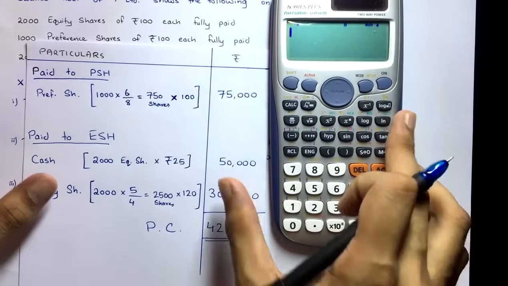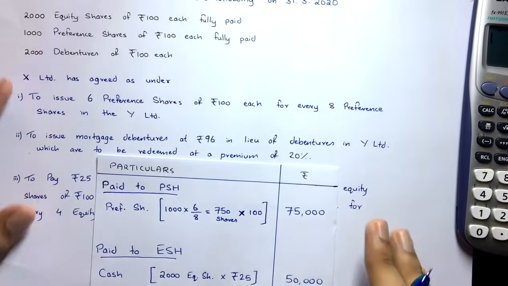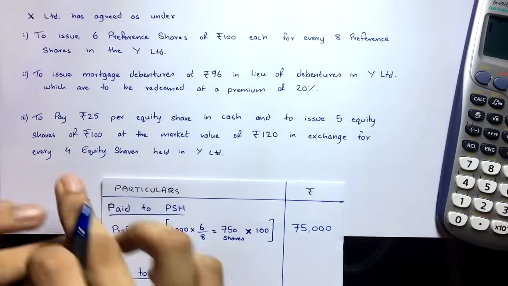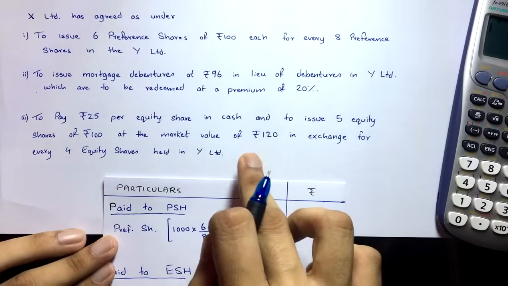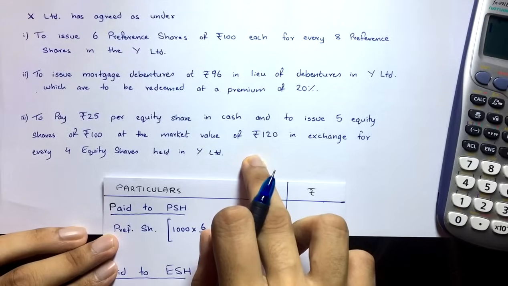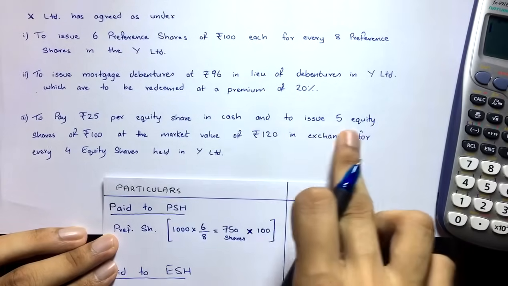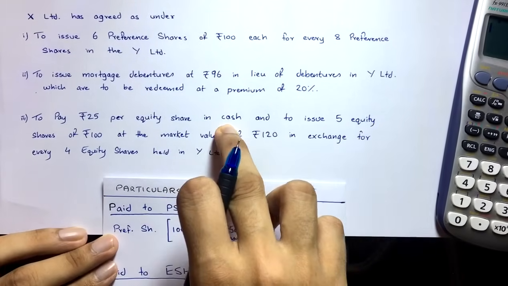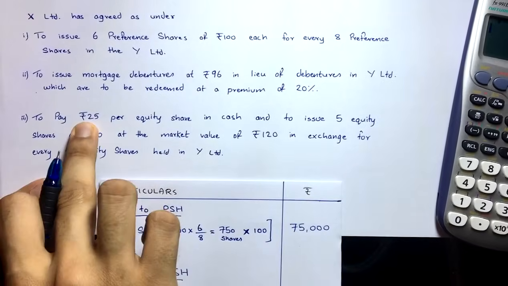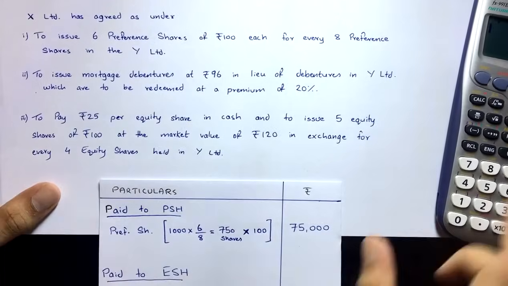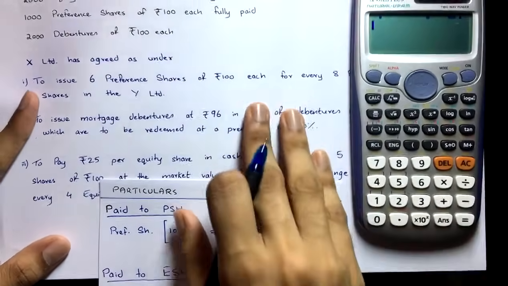Then the second point is ignored, so go to the third point. In the third point, payment to equity shareholders, we are giving them cash and equity shares. First let's focus on cash: rupees 25 per equity share. How many equity shares are there in the balance sheet?